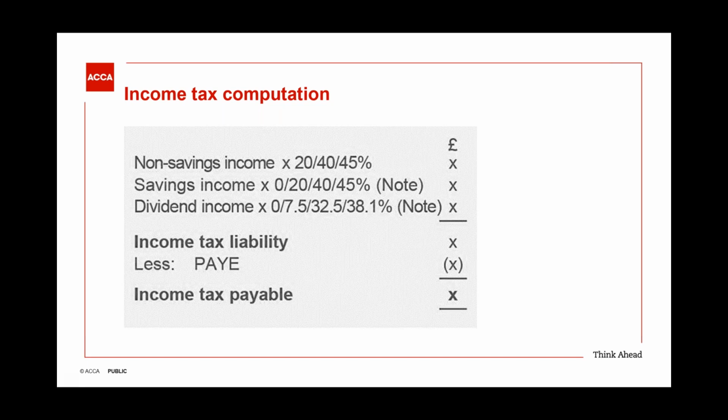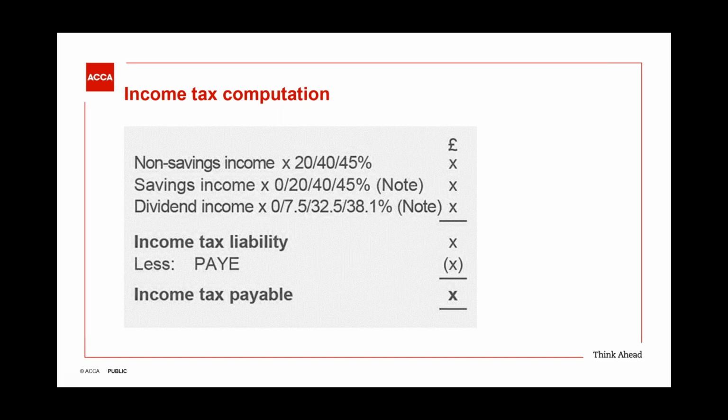as I mentioned, if your savings income falls within the first 5,000 of your taxable income, then it is subject to 0% rate. And if you are a basic rate taxpayer, up to 1,000 pounds of your savings income is subject to savings nil rate band.